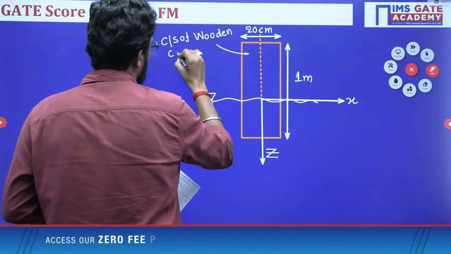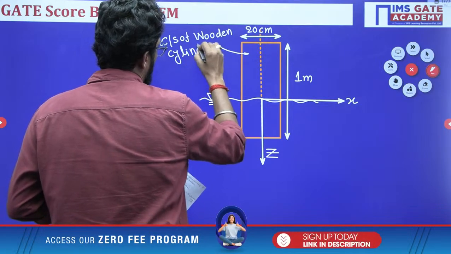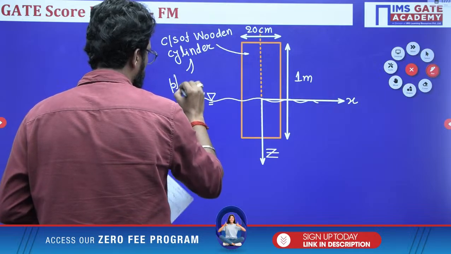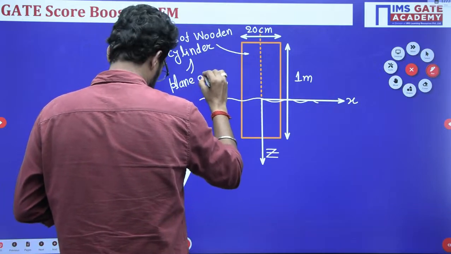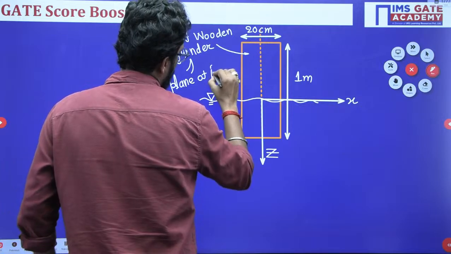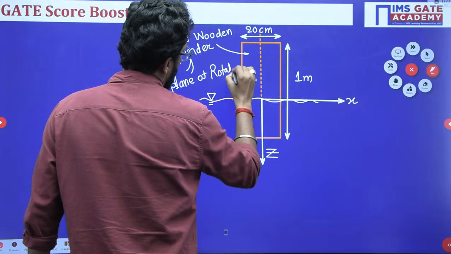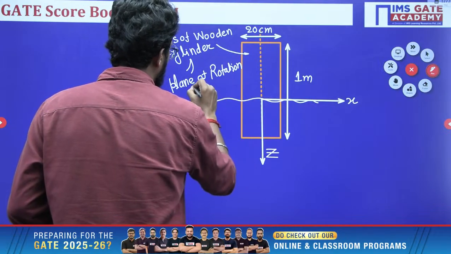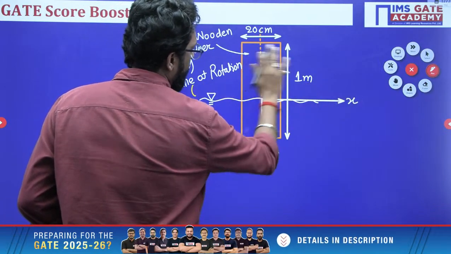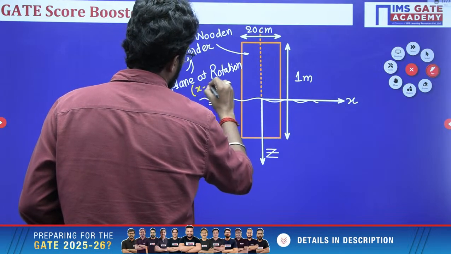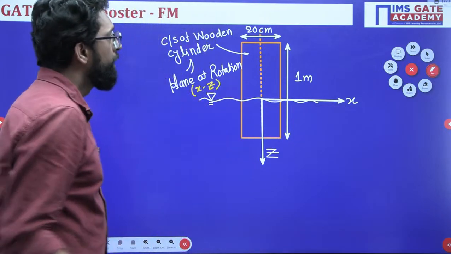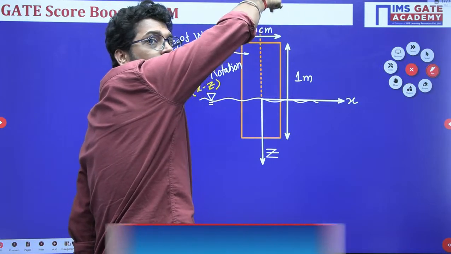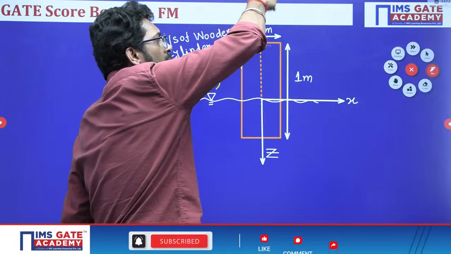This cross section of the wooden cylinder is called the plane of rotation, and this plane of rotation is in which plane? X and Z plane.